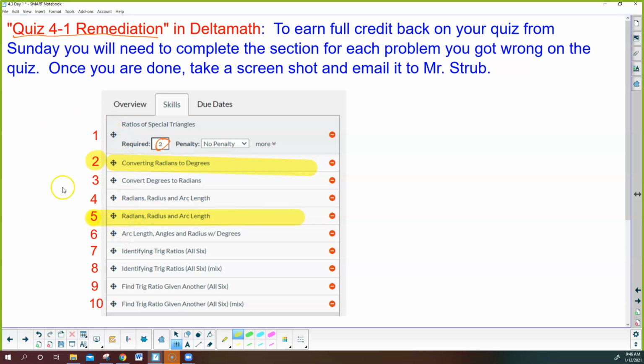But when you check your quiz score, you go back in your original quiz, you can see which learning target you got wrong, and then you just have to do both problems in there. So let's say you got those wrong. You do 2, 4, 6, 8 of the problems, and I will change your grade back to a 10 out of 10. All right, so if you would like to take advantage of that, please do so. I would like that done by this weekend. So if you can get it done by the weekend, then I'll be able to update grades. Conferences are next week, so that's a good way to just boost your grade up a little bit.